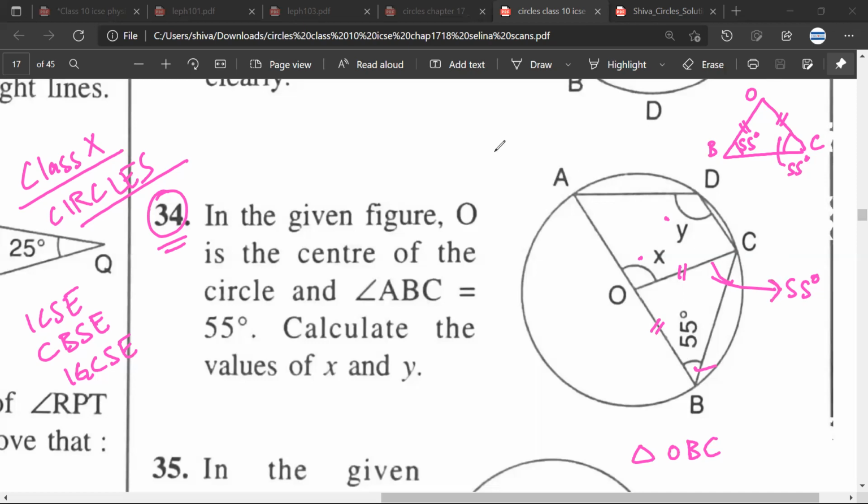So angle BOC. You have got two angles, and with that we can find the third angle automatically. The third angle in this case would be 70 degrees. Okay, great. And with this information we can also find angle AOC, because 180 minus 70 degrees would be 110 degrees.